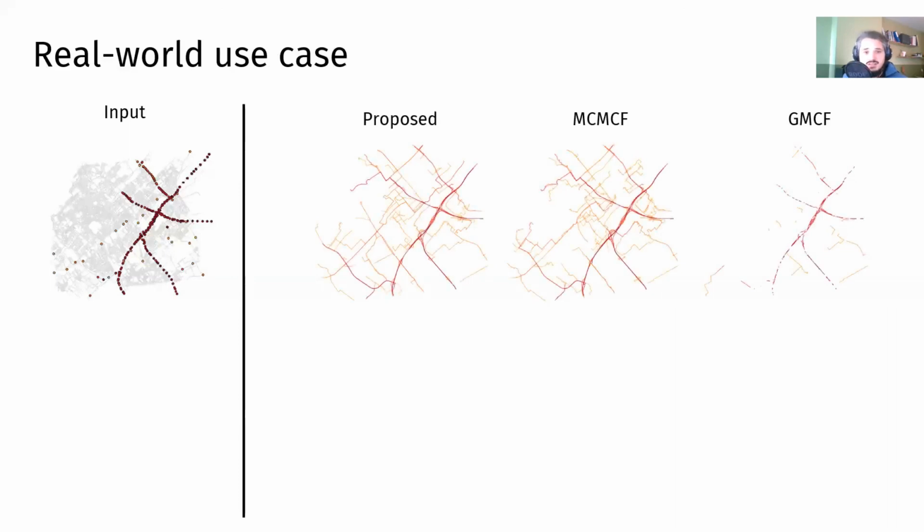And looking at our results, what we see clearly is that long trajectories are selected in our proposed method and in the multi-commodity min cost flow approach, which aligns with this requirement of realism to be close to representative trajectories. However, for global min cost flow, we see that only very small, tiny segments are selected around the checkpoints.